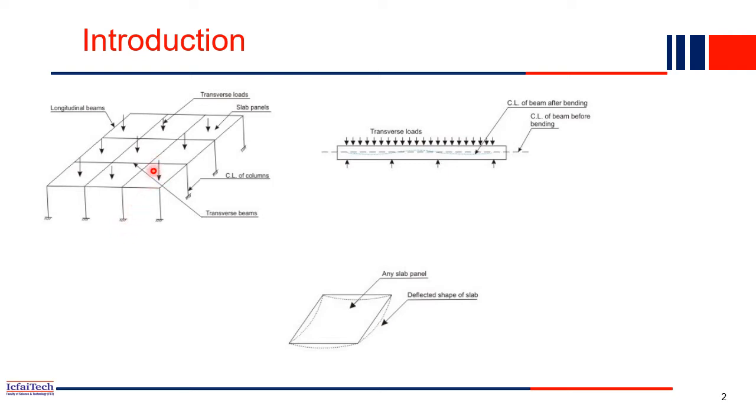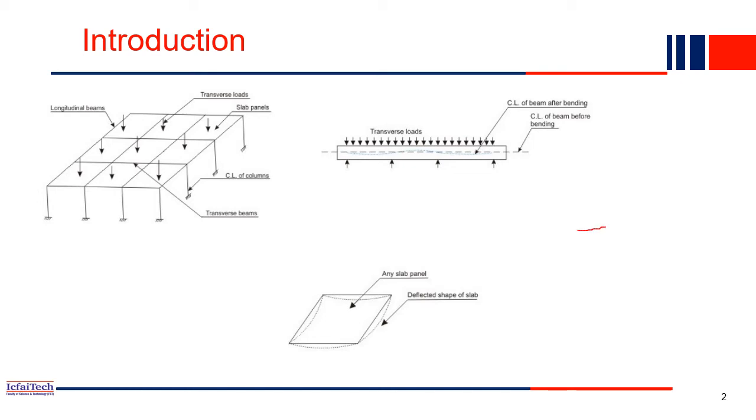So primarily load acts on a slab, and then slabs are actually resting on a beam. Okay, so whenever loads are acting on either a beam or a column or a slab, anywhere there will be deflections. I think all of you have studied it in analysis of structures, that whenever any loads are applied on a structure, the beam will deflect.